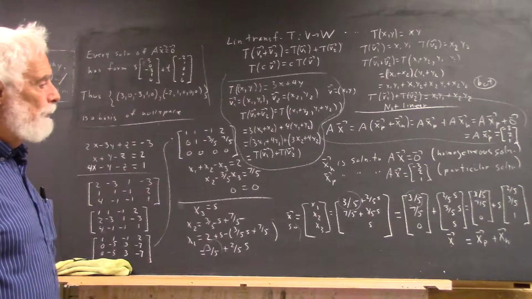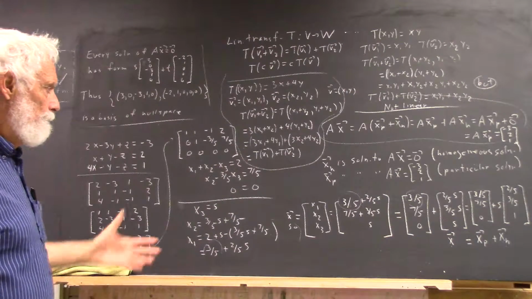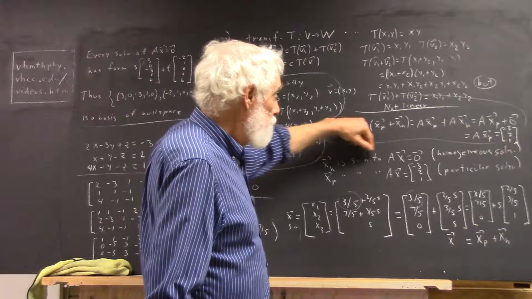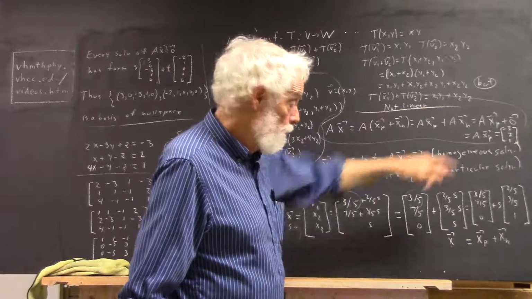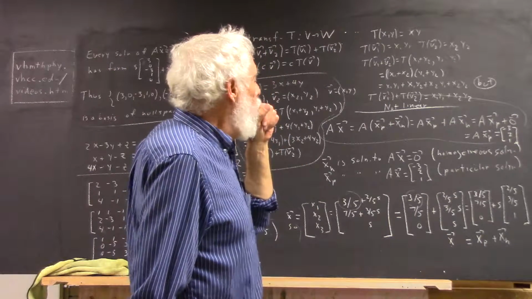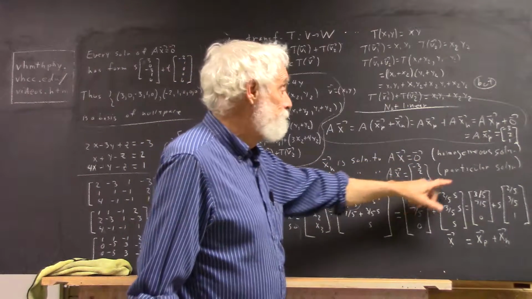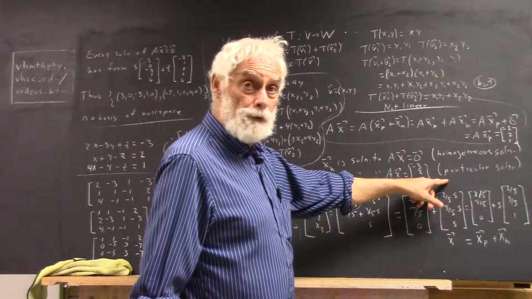So we say xh is a solution of AX equals 0. That's our homogeneous solution. And xp is a solution of AX equals -3, 2, 1. And that would be a particular solution.